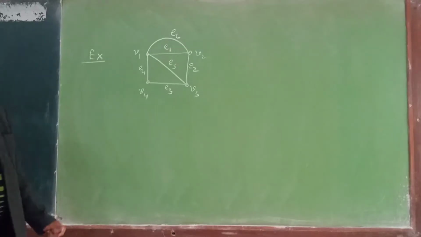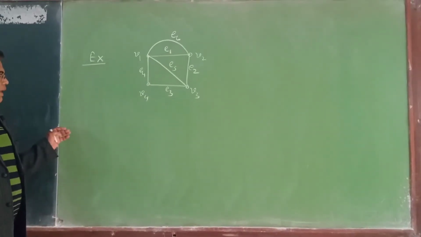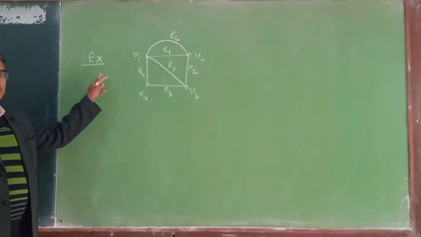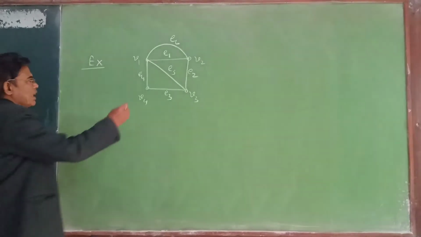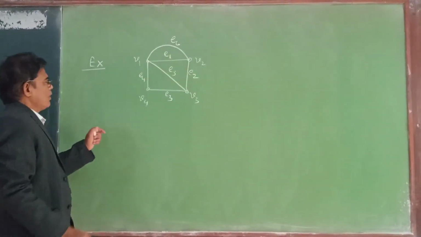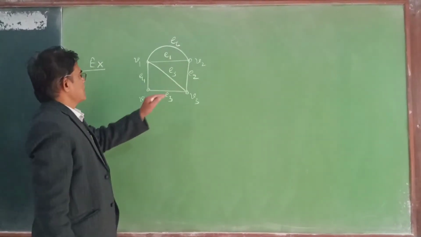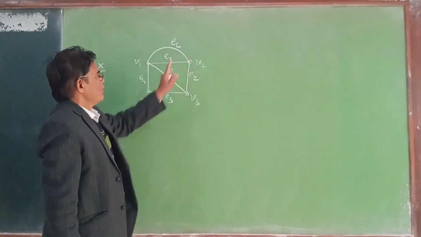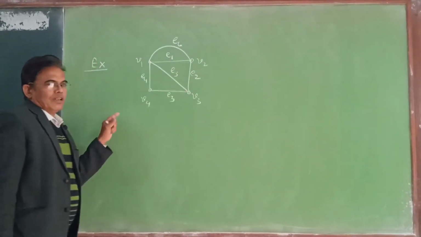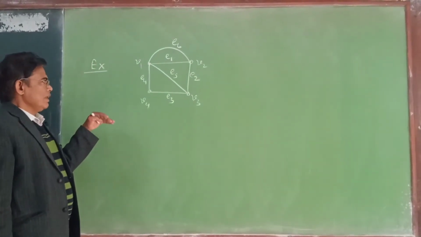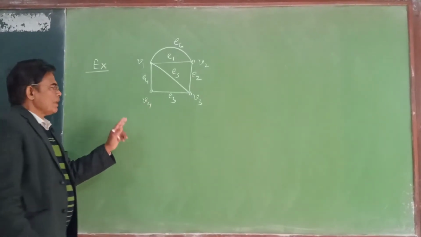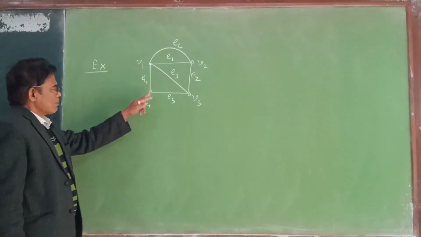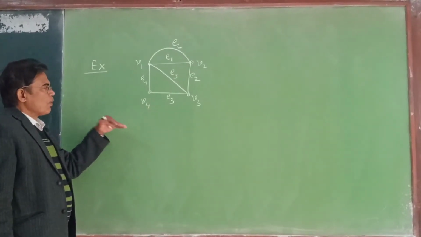So now, an example of the adjacency matrix, meaning the vertex matrix. So this is a graph. This graph has 4 vertices, V1, V2, V3, V4. So by the definition of the adjacency matrix, we write a matrix of order 4.